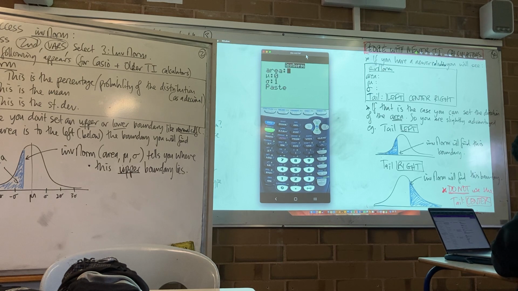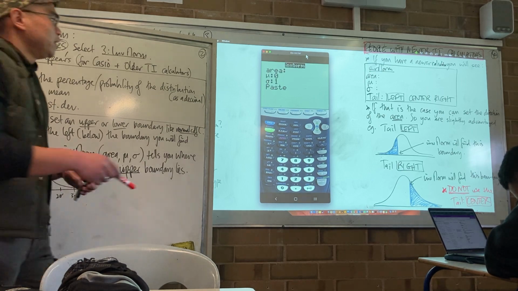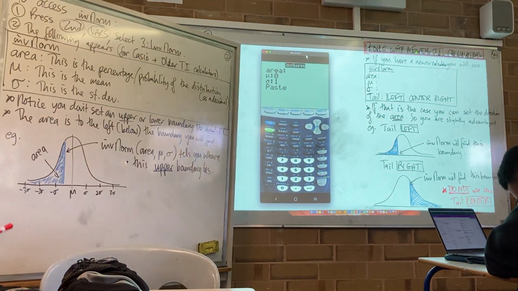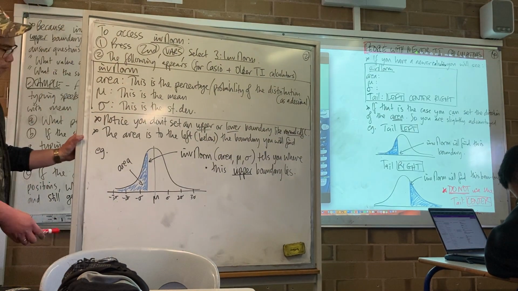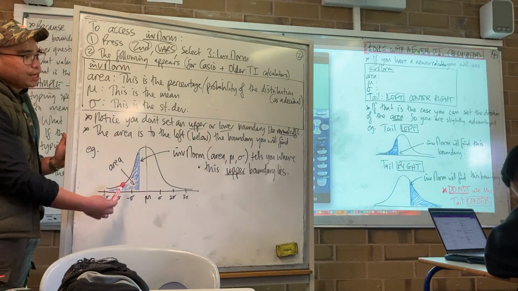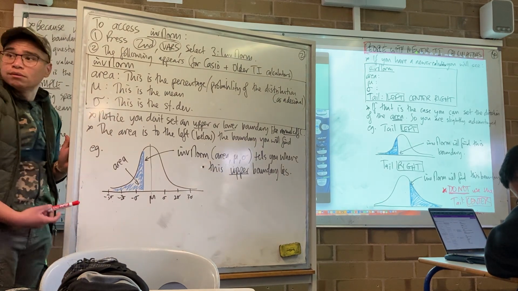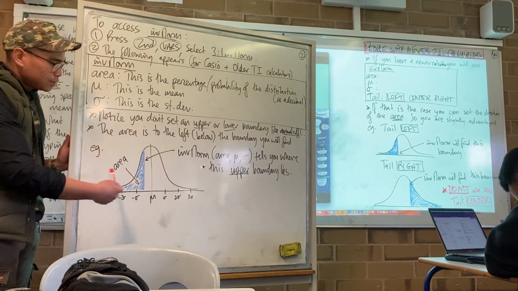So if you've got the old calculator, or the new one with the tail set to left, what is that tail referring to? That's referring to the area that you're colouring in. What direction is that going? Left or right? Left.